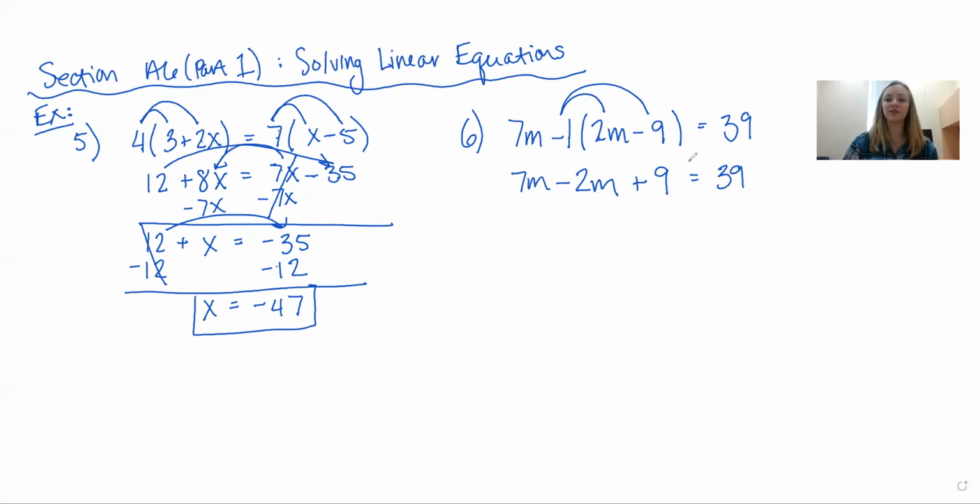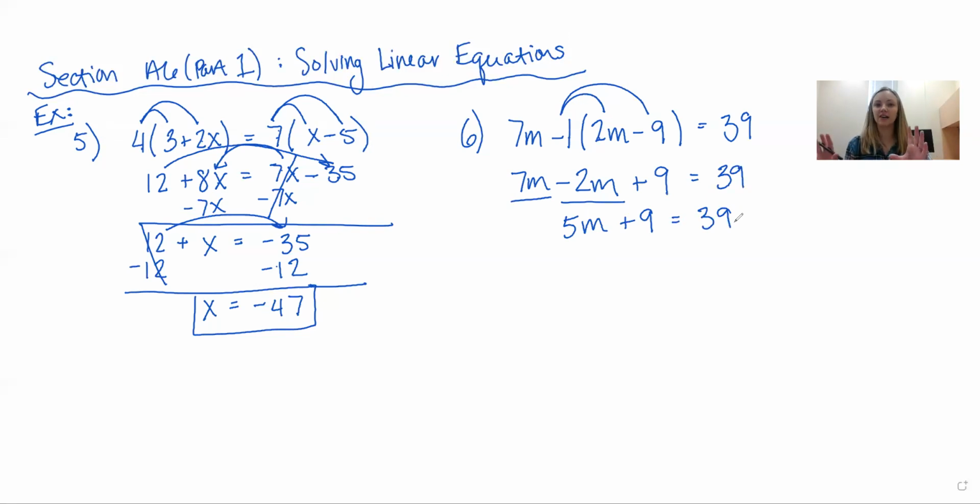Now, if we look at our left side, we have a couple of like terms that we can combine. So let's go ahead and combine those before we start moving things around. 7m minus 2m, we subtract those coefficients and keep the m. So we get 5m, bring down the plus 9 equals 39.